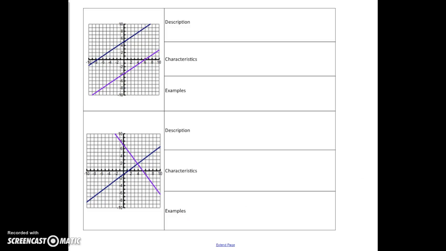If you flip to the back, we have kind of a summary sheet, you could say. So we need to label the top one as parallel, and the bottom as perpendicular.